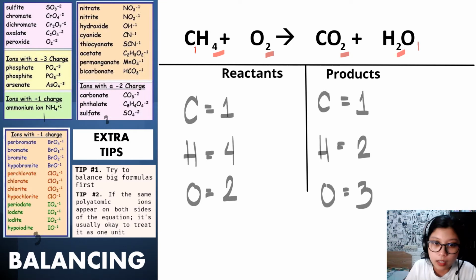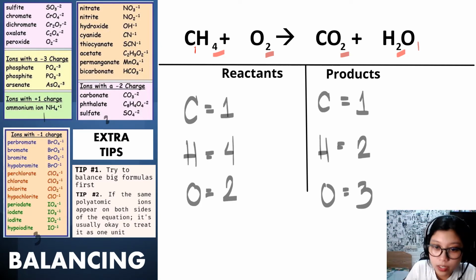Now, let's proceed to the tips given to us. What tip are we going to use? Tip number 1, try to balance big formulas first, or tip number 2, if the same polyatomic ions appear on both sides, we're going to treat it as one unit. Is there a polyatomic ion in the chemical equation?